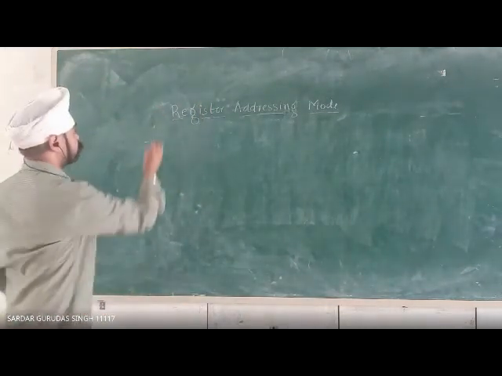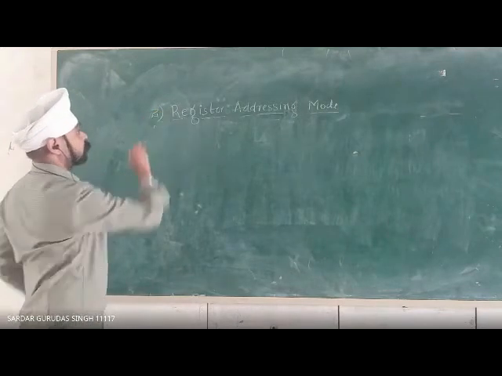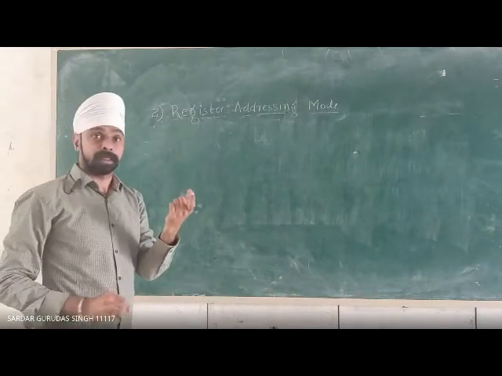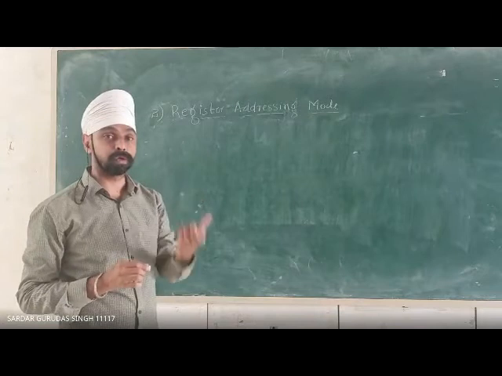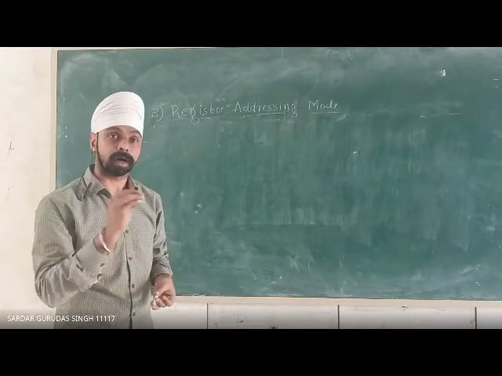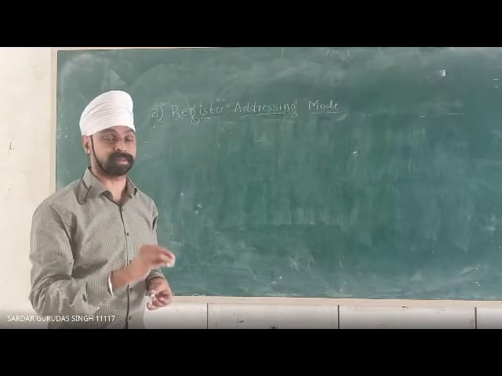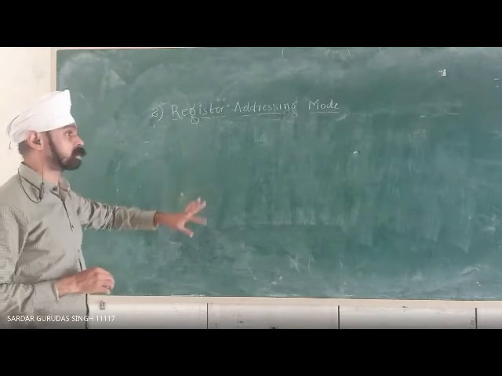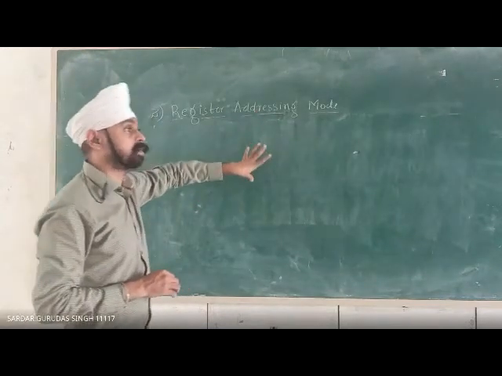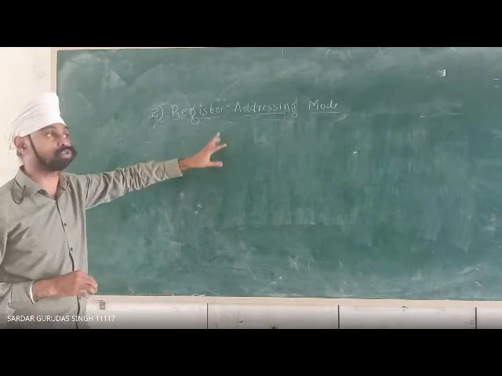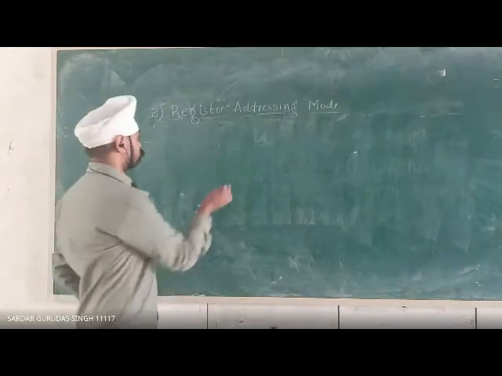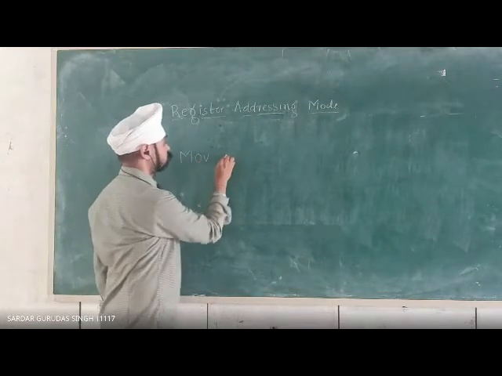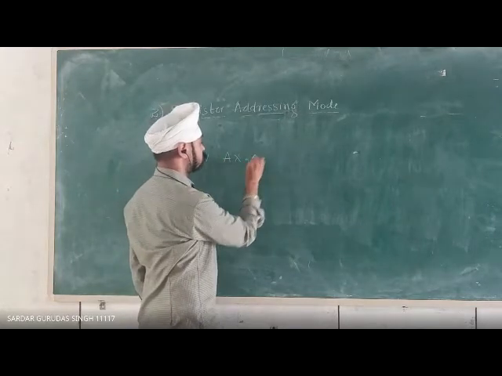The second type of addressing mode is nothing but register addressing mode. In this, we will use registers in order to specify the operands. In the sense, we store the operands in the register and then we make use of the registers to specify the operands. For example, if I write an instruction MOV AX, BX.